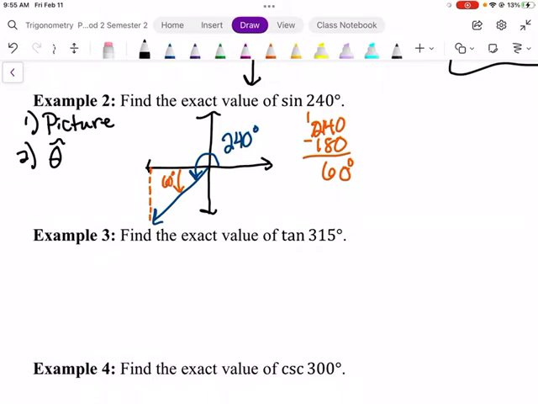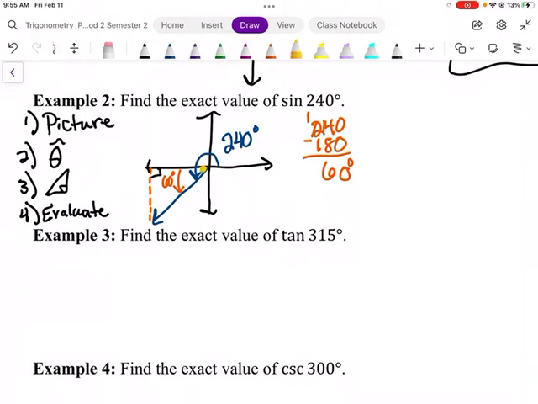Then step 3, you are going to draw your right triangle, which I've already done here. And step 4, we are going to evaluate. So with our right triangle, we're going to label the sides with the information we know.